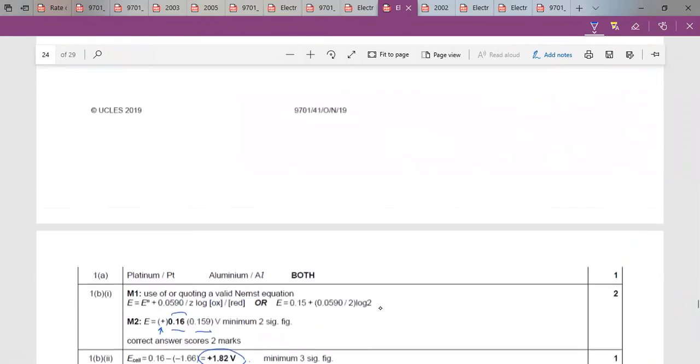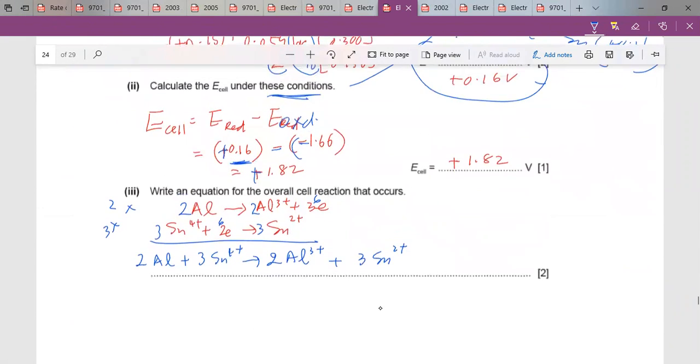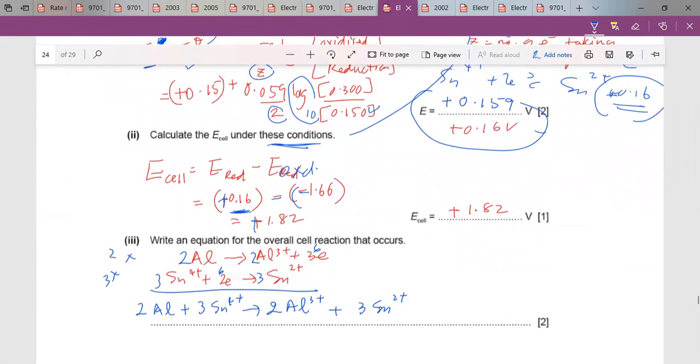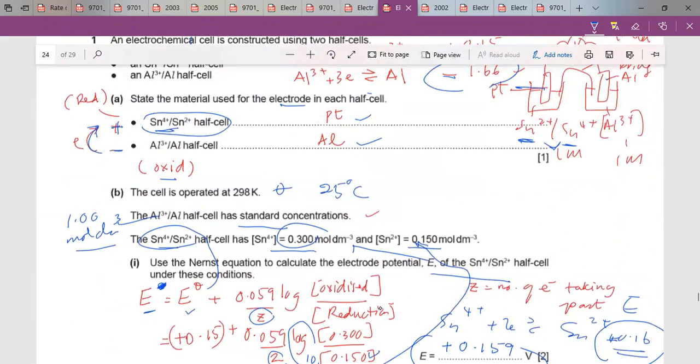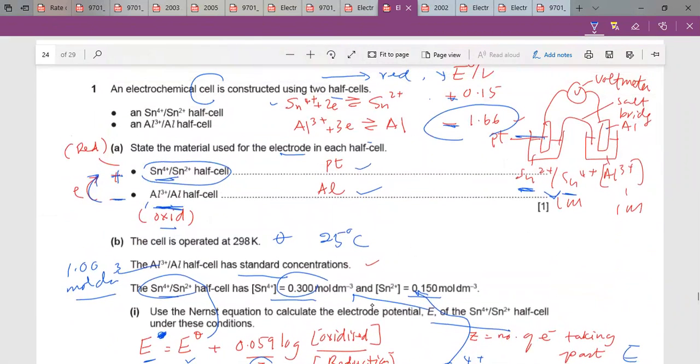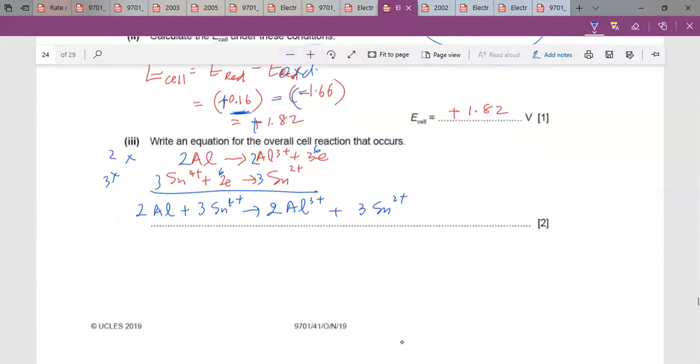1 mark. Of course, they ask you for the overall equation, which is very simple. So you must know who is negative and who is positive, because here aluminum is negative now. That means it's going to be an electron donor, so it must be going this way, isn't it? So Al goes to Al3+, 3 electrons. And tin will be undergoing reduction, Sn4+.